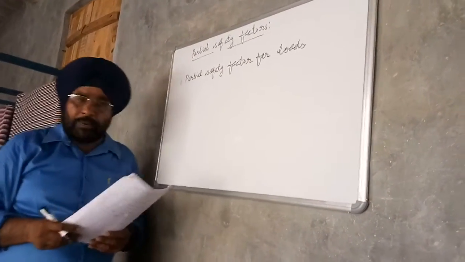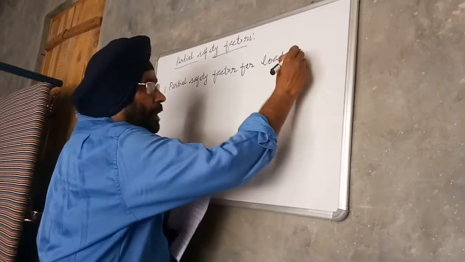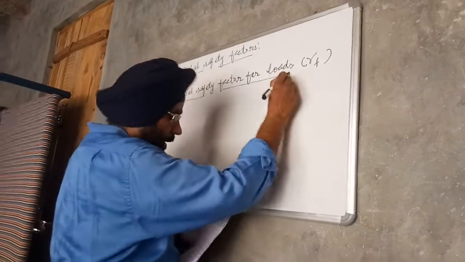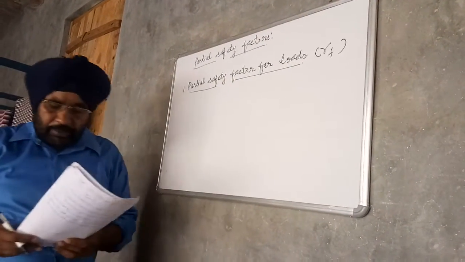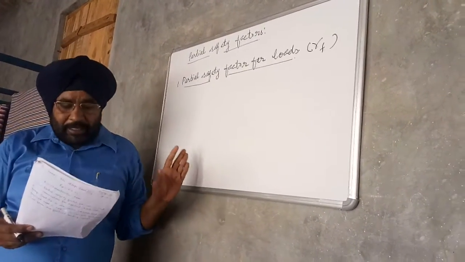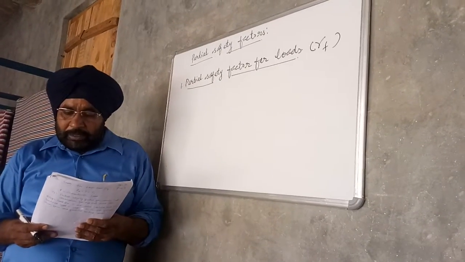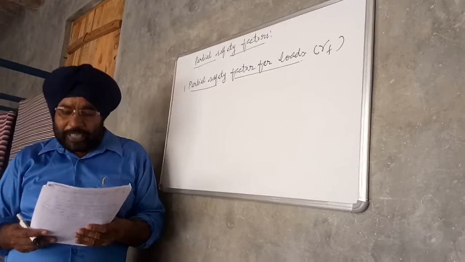The partial safety factor for load is denoted by gamma F. It is the factor by which the characteristic load or service load is multiplied to get the design values.